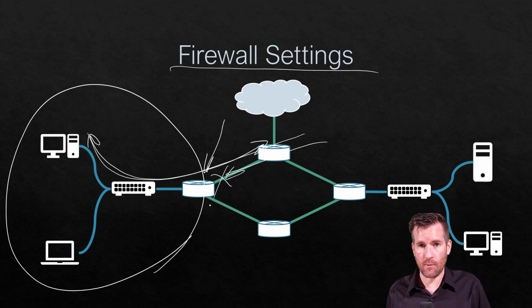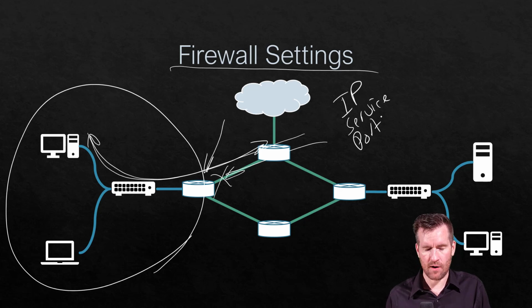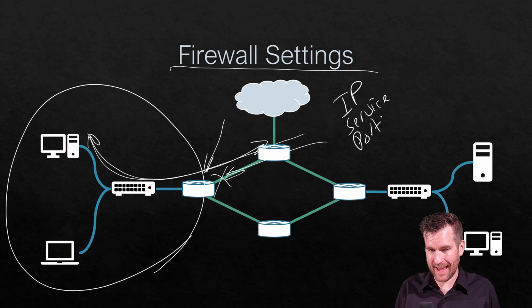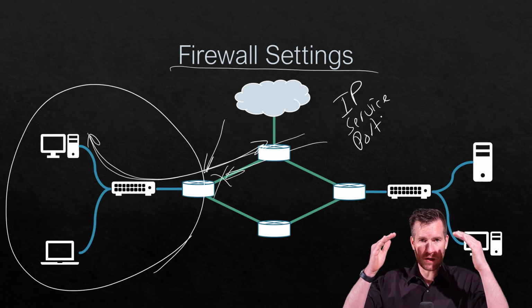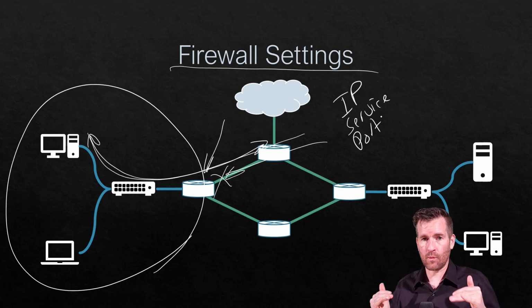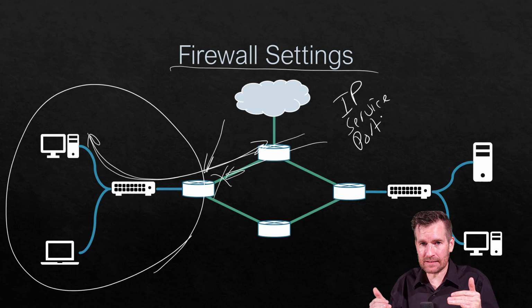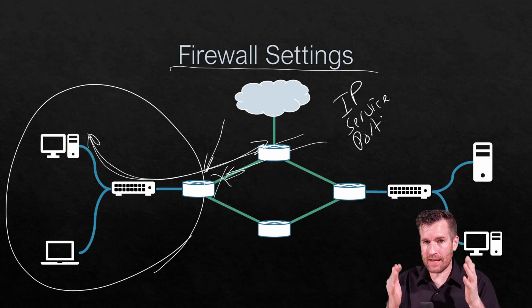Some of the things that we filter off of are IP address, or a certain service, or a certain port, and it will block traffic based off of that. So those are some of the settings we can take a look at. Even the order in which we create ACLs matters. We create a bunch of statements about what we're going to allow and what we're not going to allow, and even the order makes a difference in how it gets processed and whether certain traffic makes it through or doesn't.